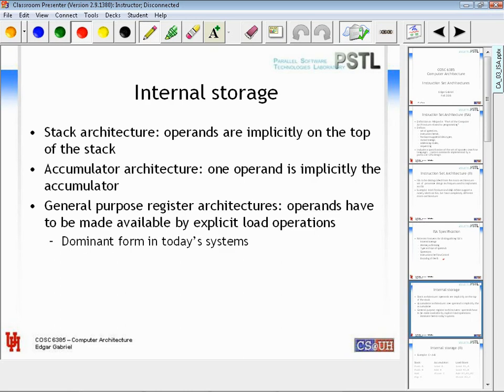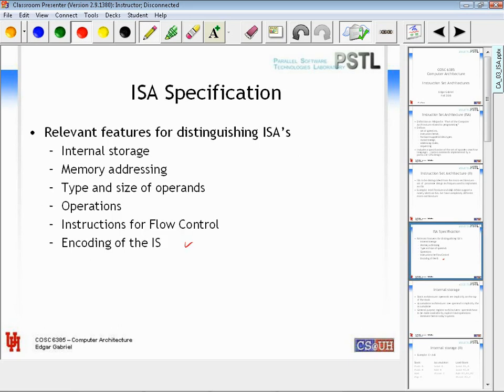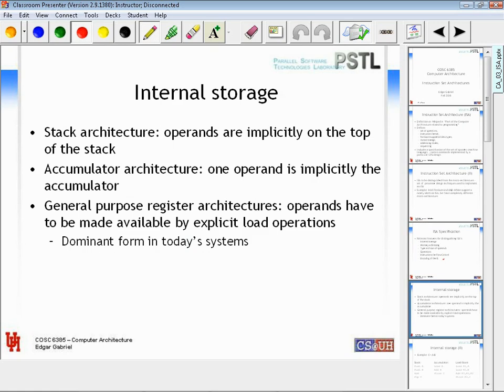So with that being said, let's look maybe even one step further back and discuss the options for the internal storage of different architectures. There were three types of architectures available since the evolution of computers.